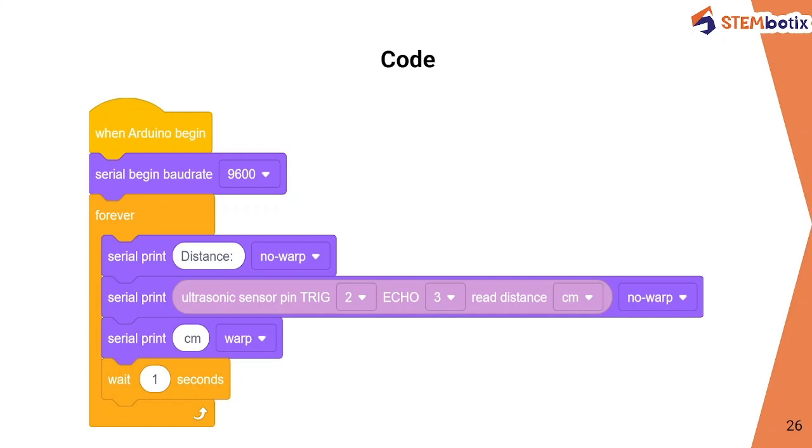So the message distance appears in our serial port, and then we need to print the distance which is sensed by our ultrasonic sensor. Our ultrasonic sensor's trigger pin is connected to 2 and echo pin is connected to 3. So here we will use the extension of the ultrasonic sensor which we added previously.